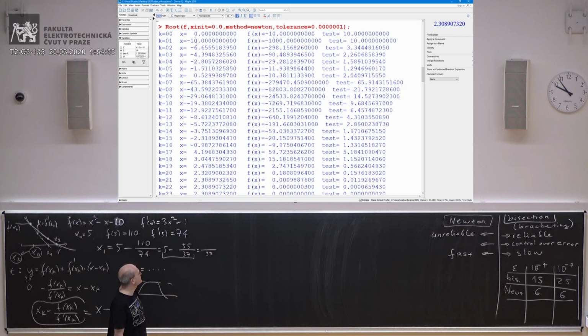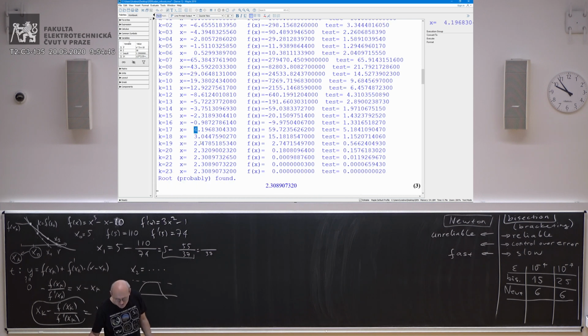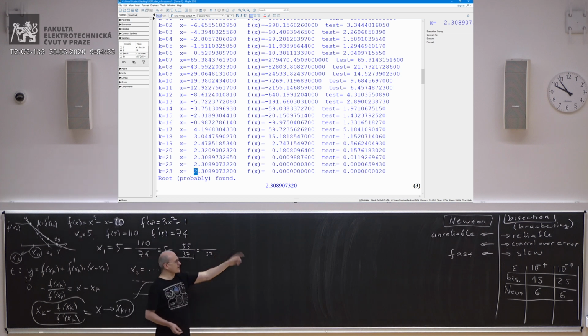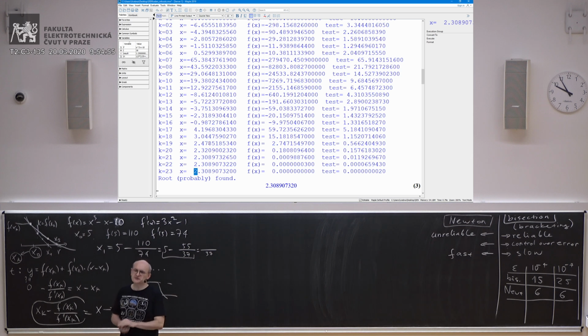Why? I have no idea. The root is not there. Anyway, then it goes back to 0, and then it jumps all the way to -65, and then it goes to 0 again, then it goes to 4, so it overshoots, and then it settles down to 2.3 and so on. So it was going left, right, and so on. Yeah, it likes to walk around, take a look at the countryside and so on. That's typical of Newton, unfortunately. It can get even worse. Imagine this.